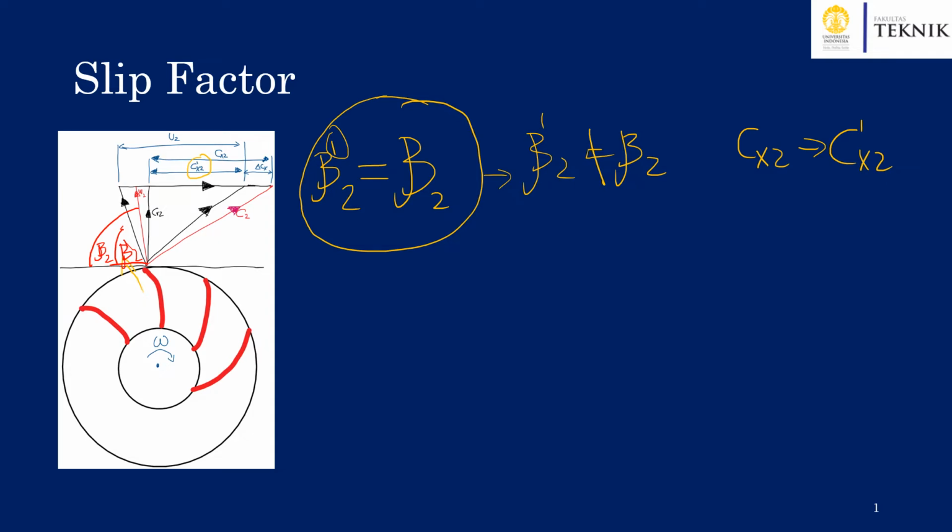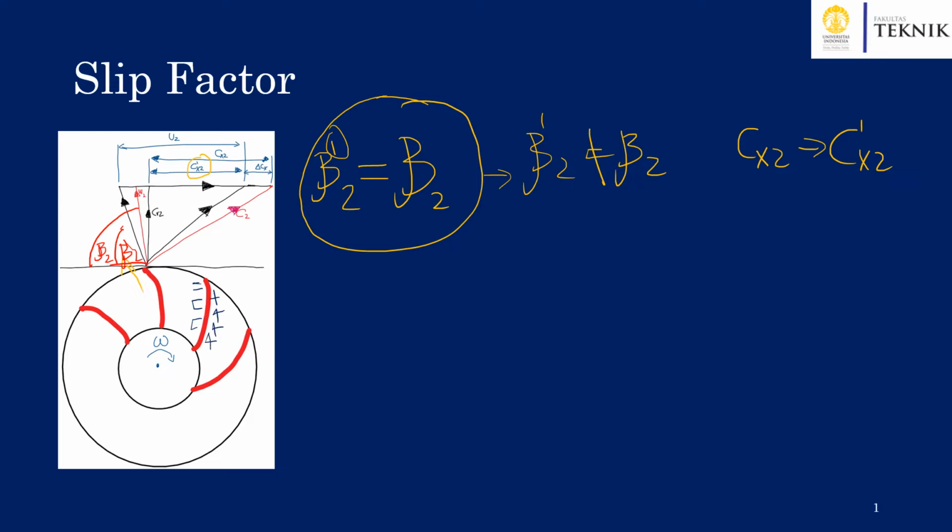Slip normally occurs due to the pressure difference between the two faces of the blade. So we have a pressure gradient. This is the low pressure region and this is the high pressure region.